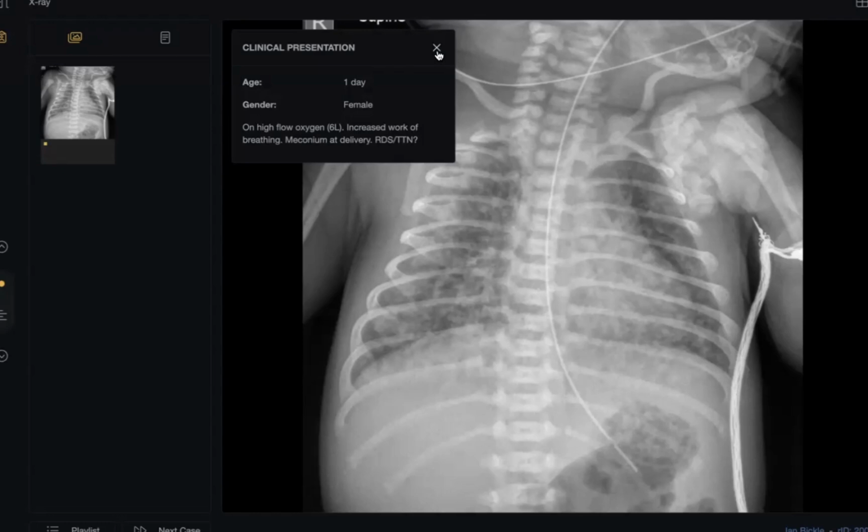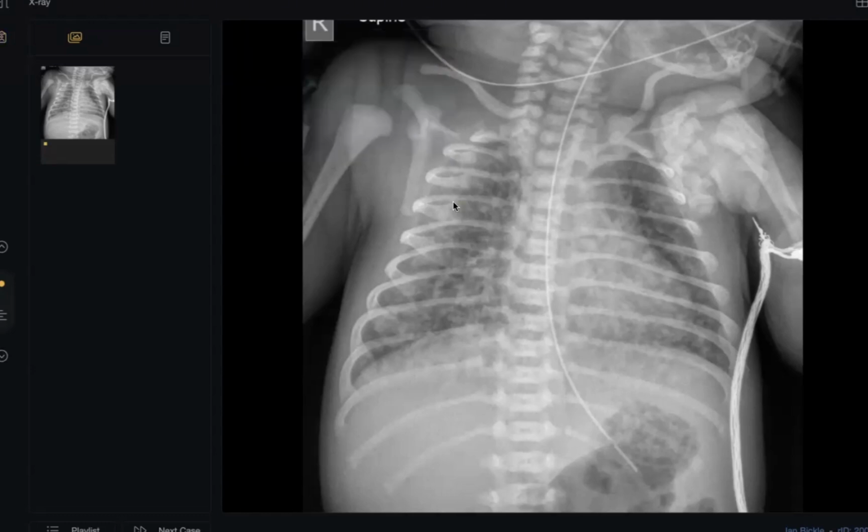One-day-old female on high oxygenation with increased work of breathing. I am presented with a chest X-ray of a one-day-old neonate with increased respiratory effort. There are bilateral diffuse lung abnormalities in the form of multiple small opacities diffusely involving both lungs with no zonal predilection.